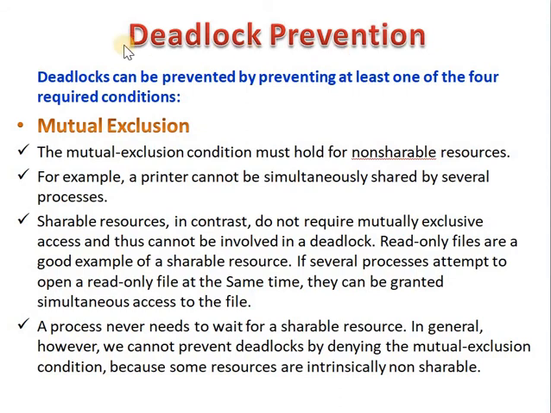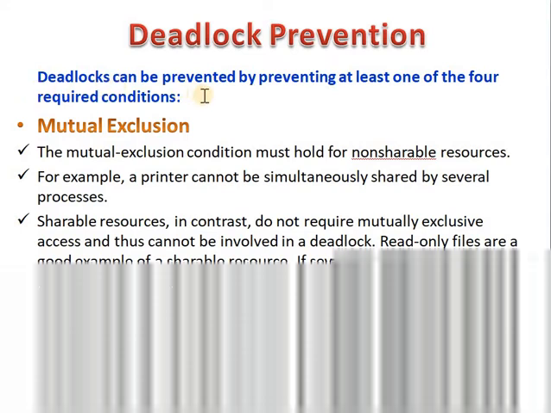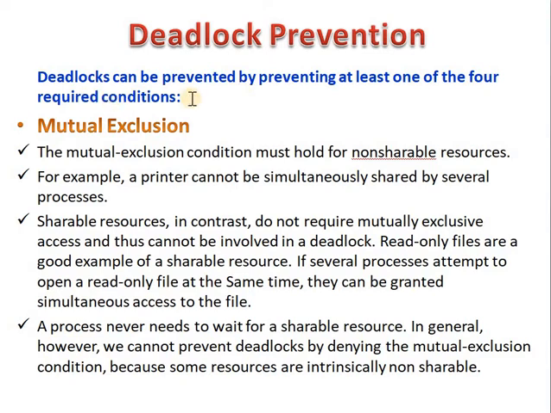Deadlock prevention. Let's discuss a brief description of deadlock prevention. Deadlocks can be prevented by preventing at least one of the four required conditions. Deadlock can be prevented by violating at least one of the conditions.